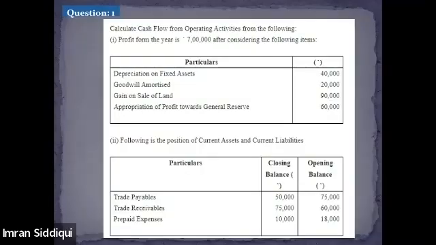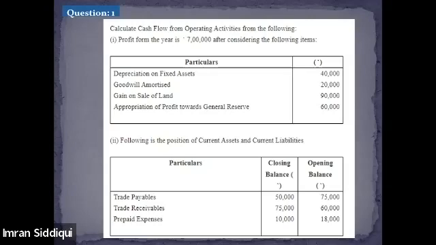Going back to the question, there is information regarding the trade receivable given in the question. The opening balance of the trade receivable was 60,000, and now it is 75,000. So there is an increase in the value of the trade receivable. We won't be discussing this right now because we want decrease in the asset.